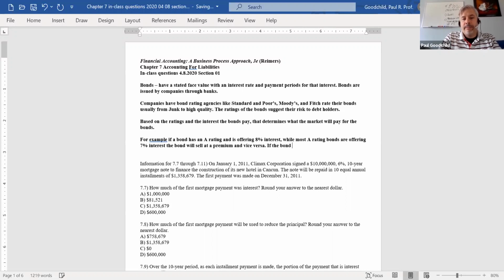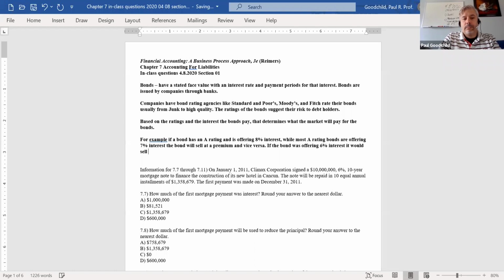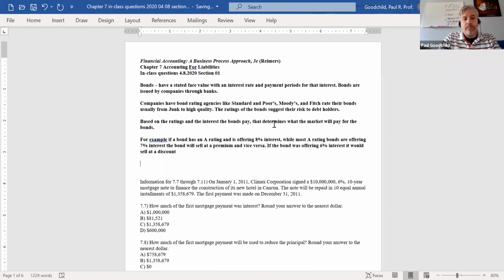If the bond was offering 6% interest, it would sell at a discount. Bonds that sell at par or face value sell at 100% of value.